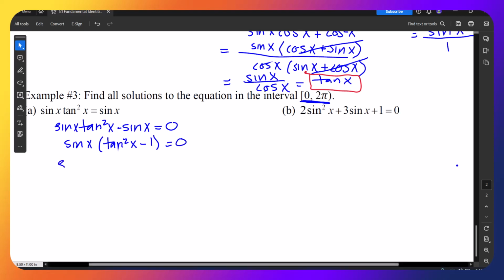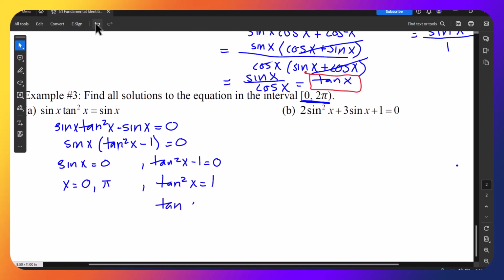Okay, we're going to set each factor equal to 0. Sine of x is equal to 0 when the angle is 0 and pi, or 180. For the second factor, tangent squared of x minus 1 equals 0, so tangent squared of x equals 1.